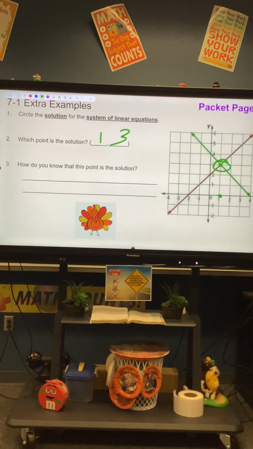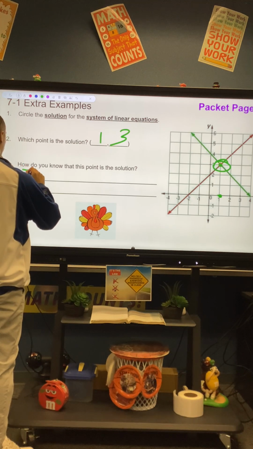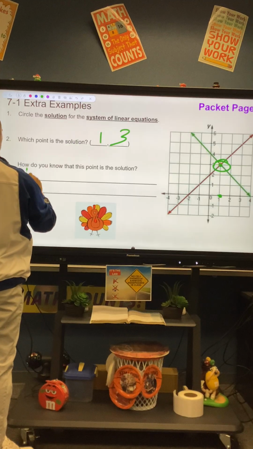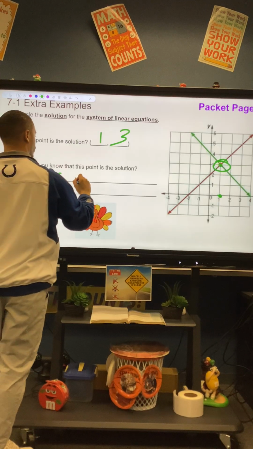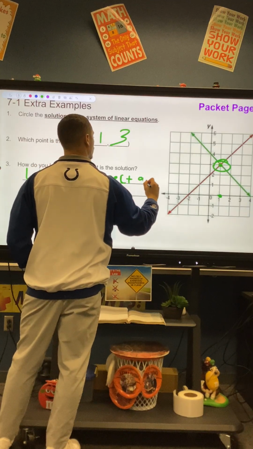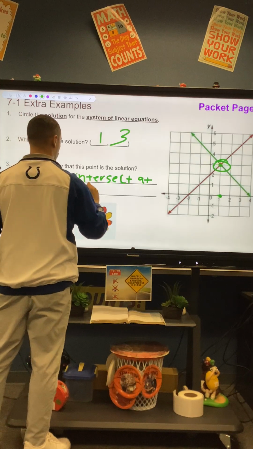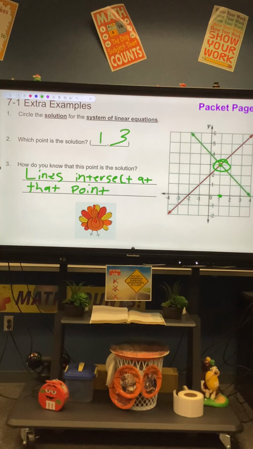And again, we know it's a solution because my lines intersect at that point. Make sense? You're good? Cool. I can move on?